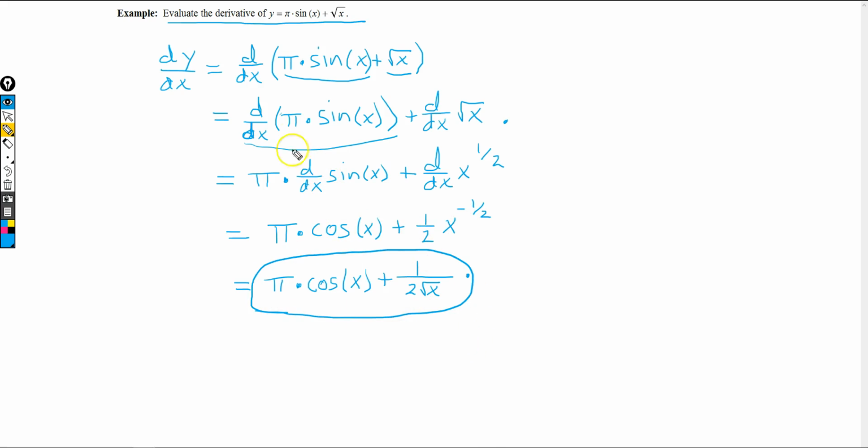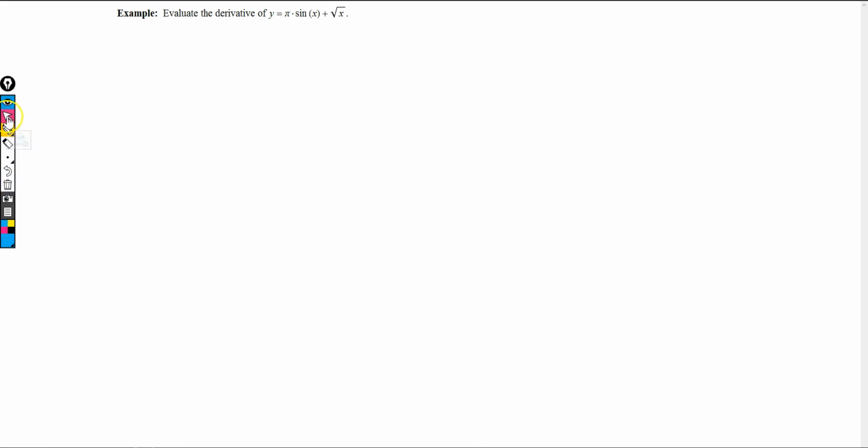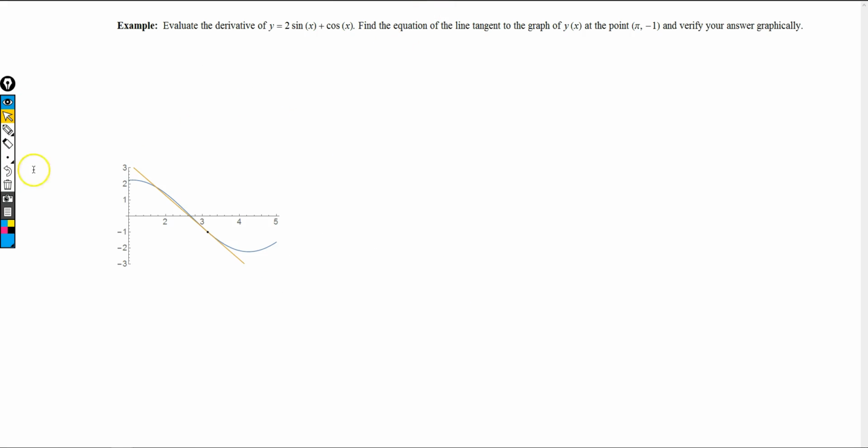Let's take a look at another example. So let's evaluate the derivative of y equals 2 sine x plus cosine x, and then find the equation of the line tangent to the graph of this function at the point pi, negative 1. And then we'll verify our answer graphically.